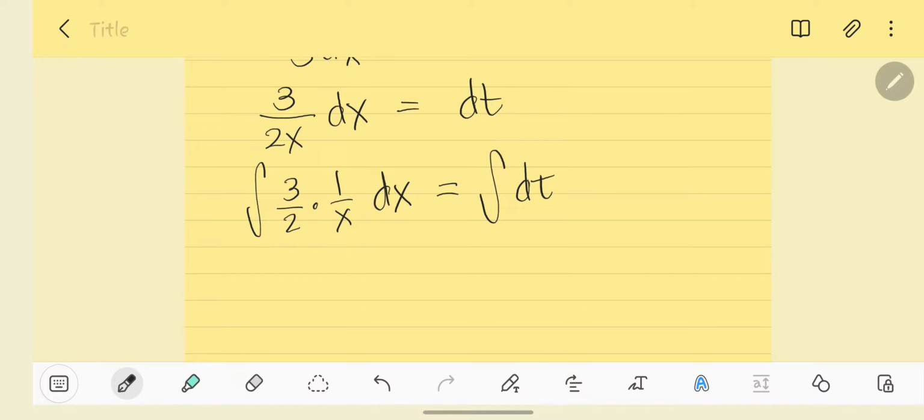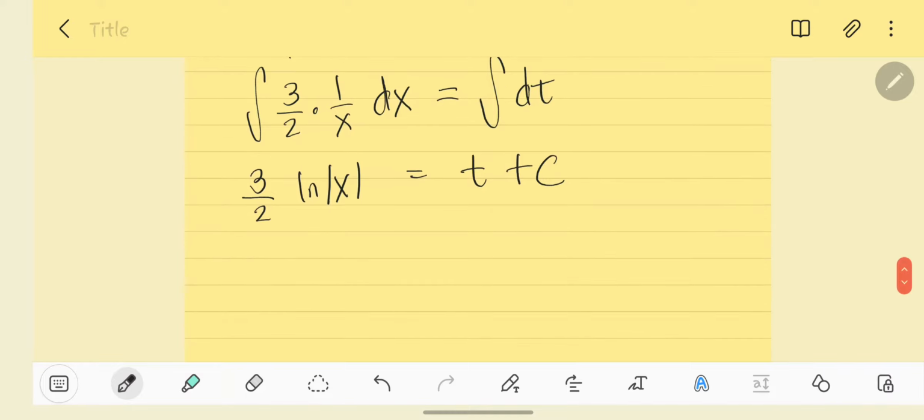Now the integral of 3 halves times 1 over x dx is equals to 3 halves times the natural log of x is equals to t plus c. So the integral of dt is equals to t plus c.